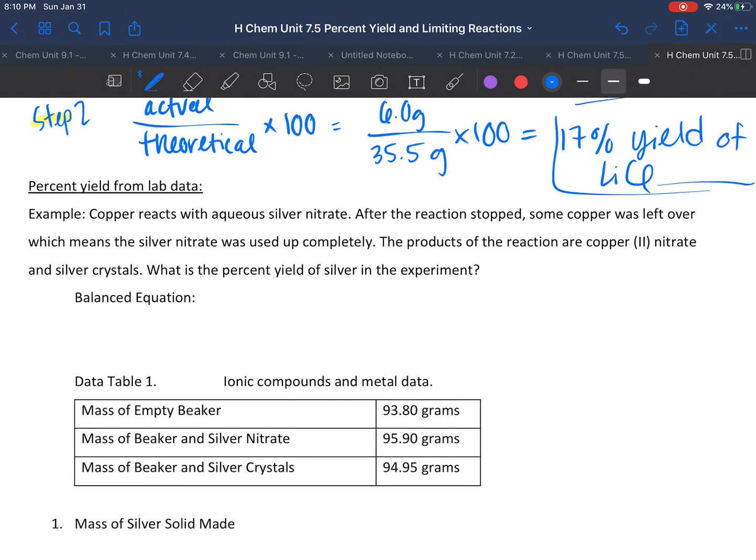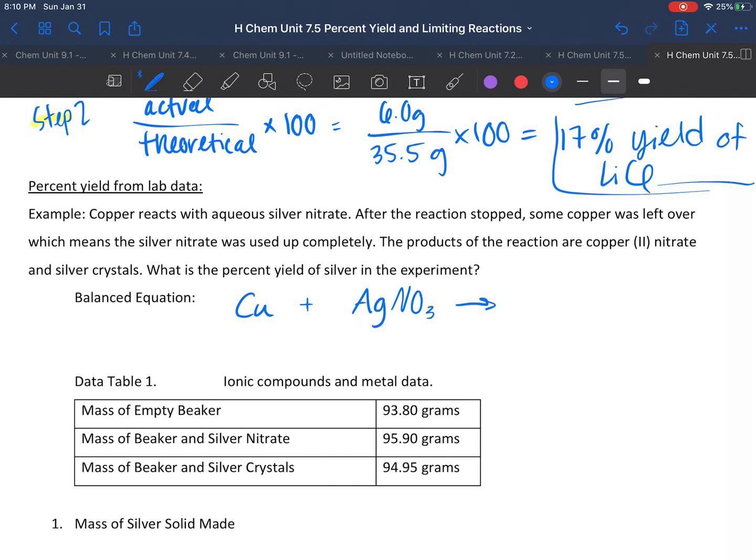And so the first thing we have to do is write the balanced equation. And so we have copper reacting with silver nitrate. So copper is Cu. Silver nitrate, well, silver is a +1 and so is nitrate. So those just go together 1-to-1.